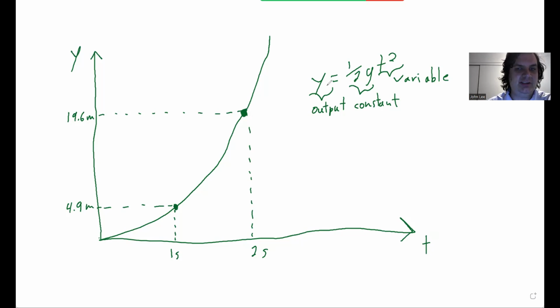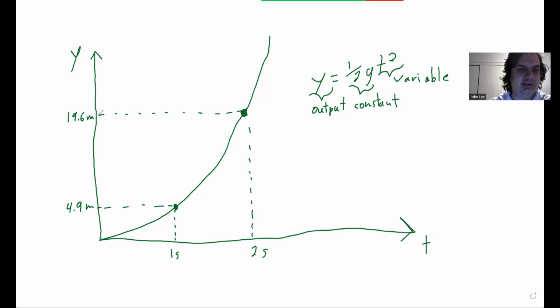So it's this function y equals 1/2 gt squared. And then the value that you get, this 19.6 meters, is going to be the value that's output for your y value.